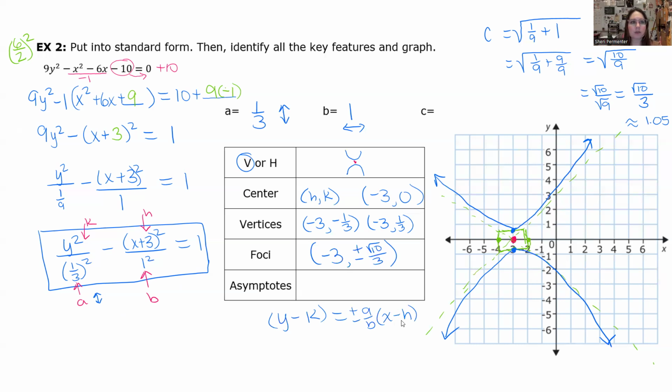This should be the equation for the vertical one. Do y'all agree? Yeah? All right, so we're going to write our asymptote. So the k value is 0, so it's just y equals plus and minus. We know our A value is 1/3, and we're dividing it by 1. So it's just 1/3.